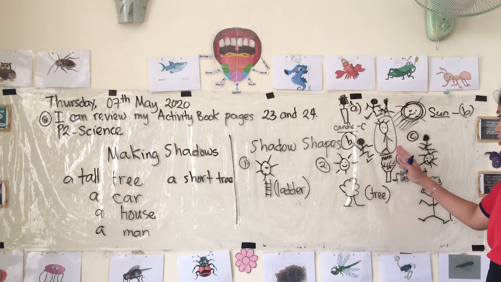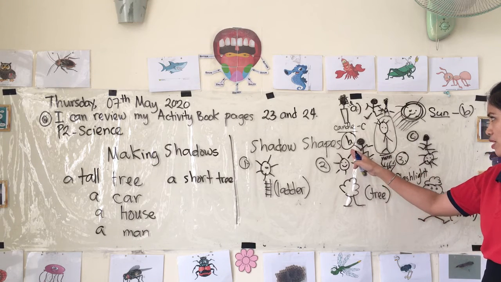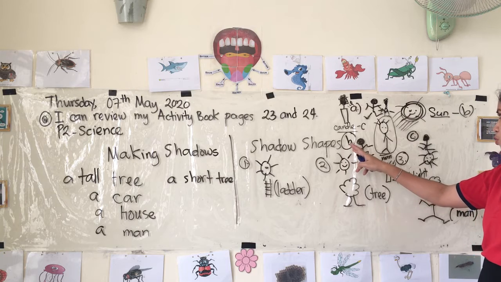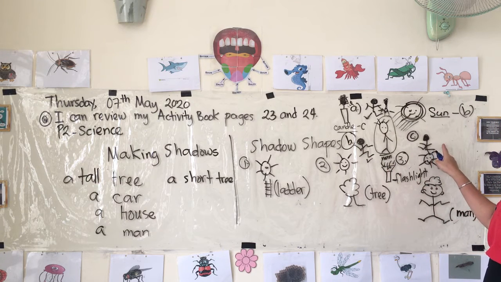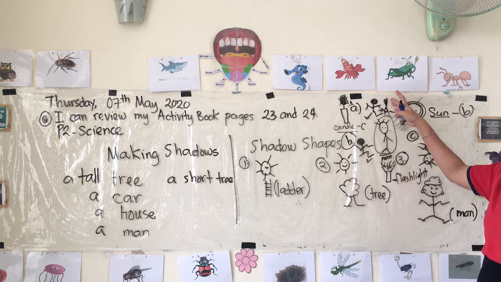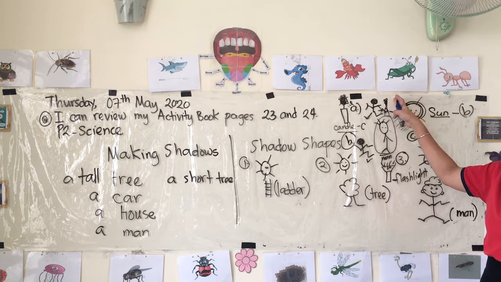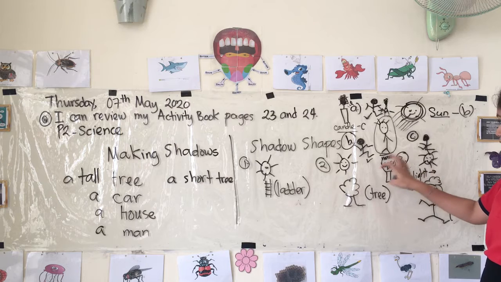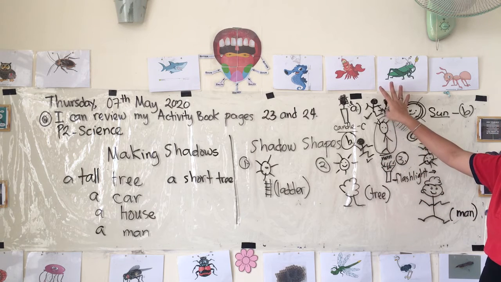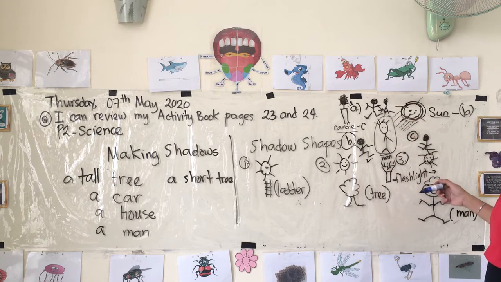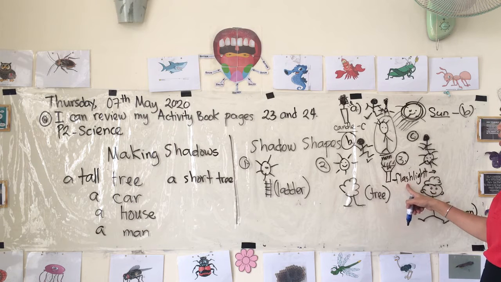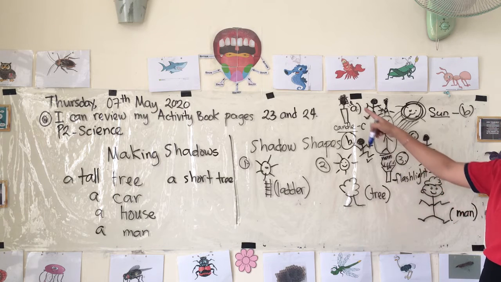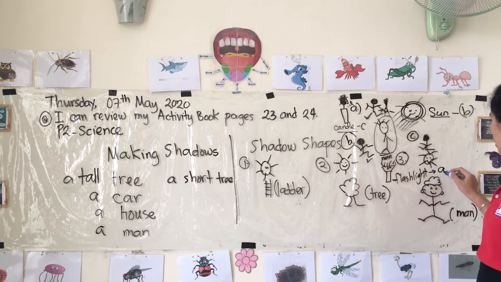Is it on this side, which is shadow B, this side, shadow C, or over here, shadow A? So if the source of light is here, the shadow will be this side. So for the flashlight, the shadow is letter A.